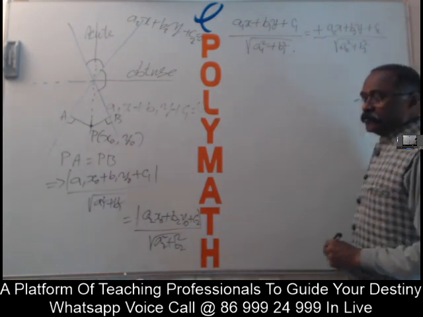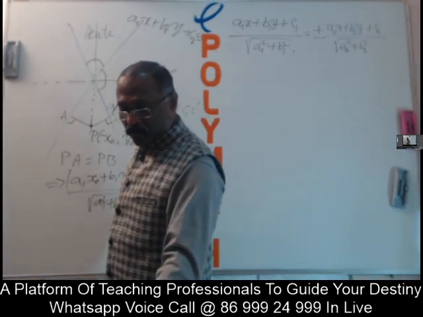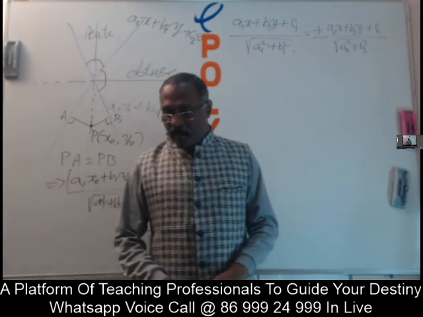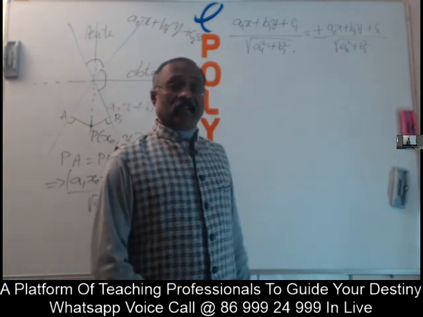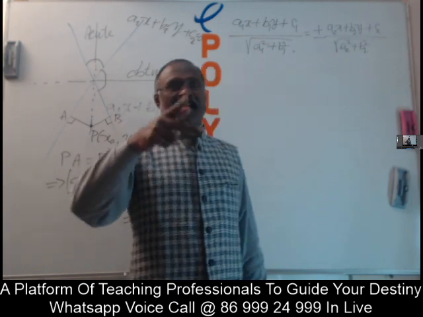Why plus or minus? Because we are removing the modulus, and hence we wrote it directly as plus or minus. By taking plus, you will get one angular bisector. By taking minus, you will get another angular bisector.